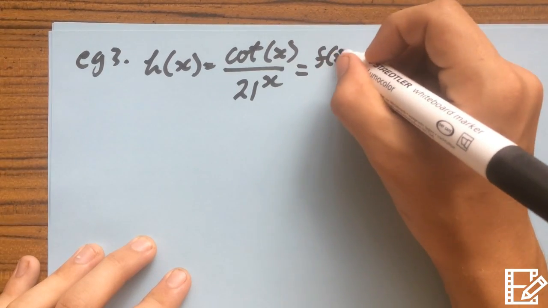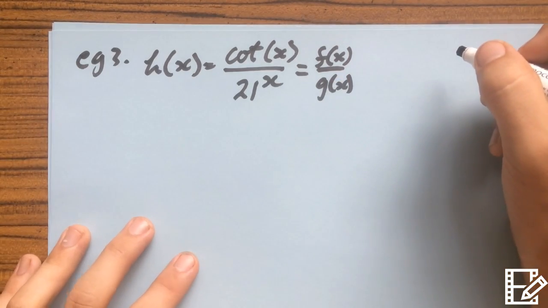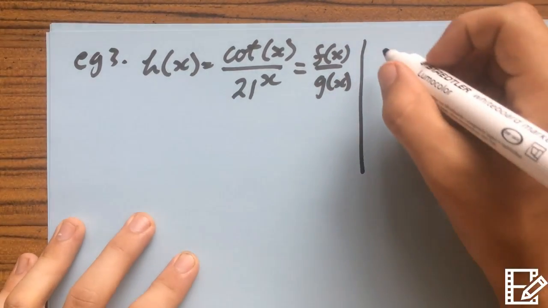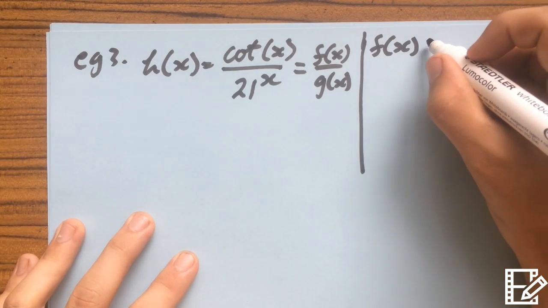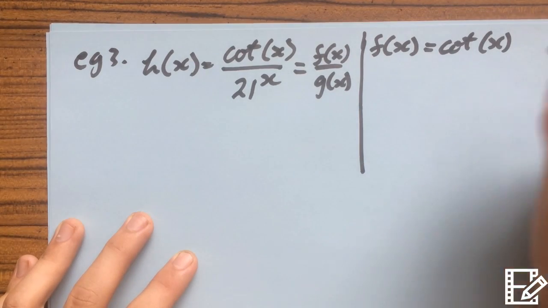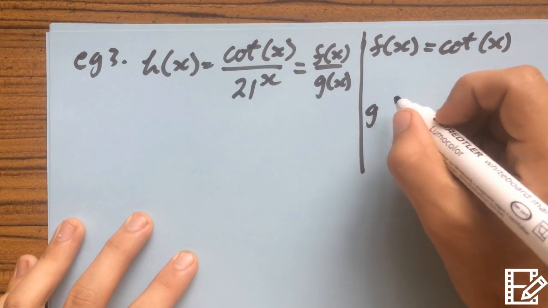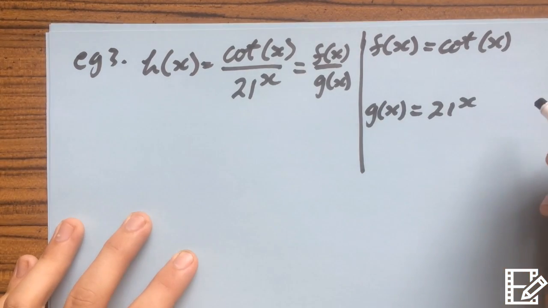We have our function over another function. We'll label them as such. f(x) on top we'll label as cotangent of x because that's on top as well, and we'll label the g(x) as 21^x because they're both on the bottom.